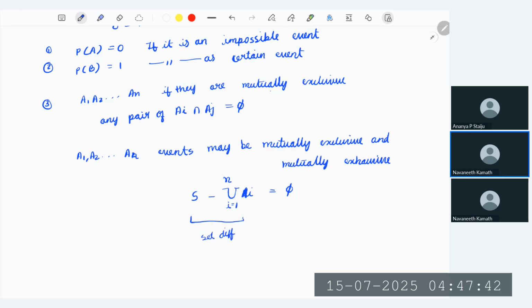If I union all of the events which are mutually exclusive, and remove that union from the sample space, and I get a null set, then it is called mutually exhaustive. Let me know if you have a doubt on this. It is very important to understand what mutually exhaustive is. For competitive exams, they'll say the events are mutually exclusive and exhaustive, so you should know what exhaustive means.